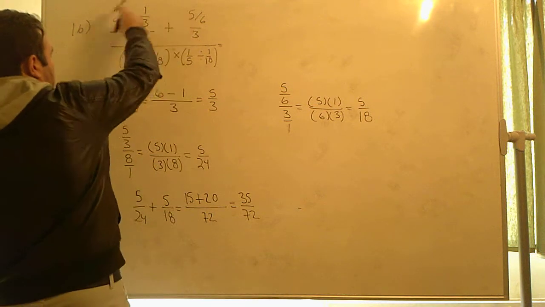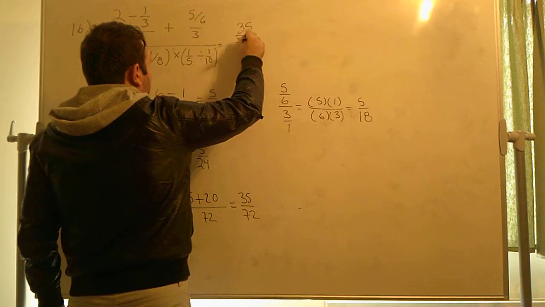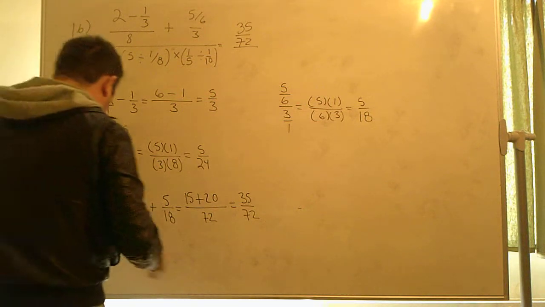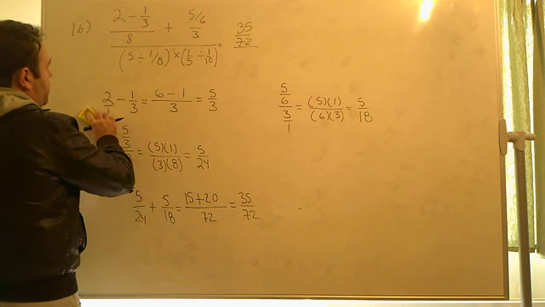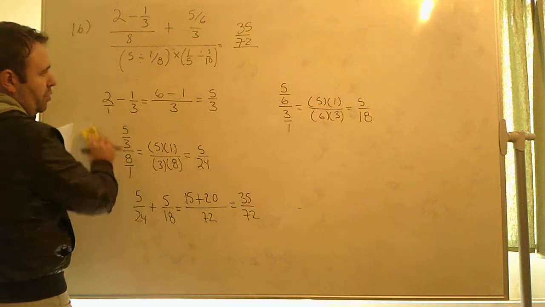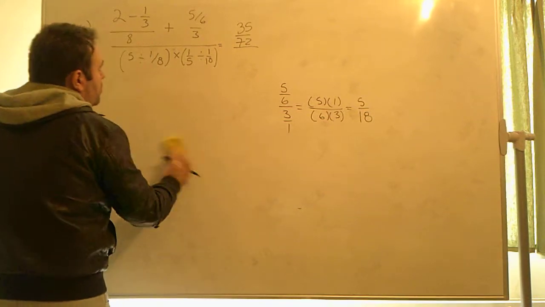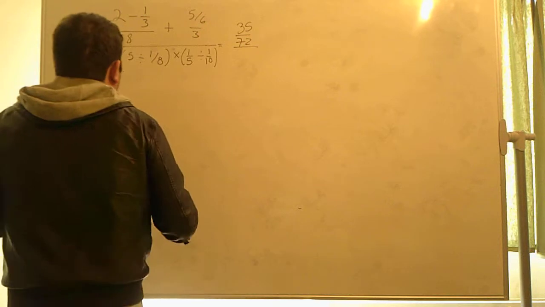So all this numerator is equal to 35 divided by 72. Now I'm going to erase this. And now we need to sort this out.